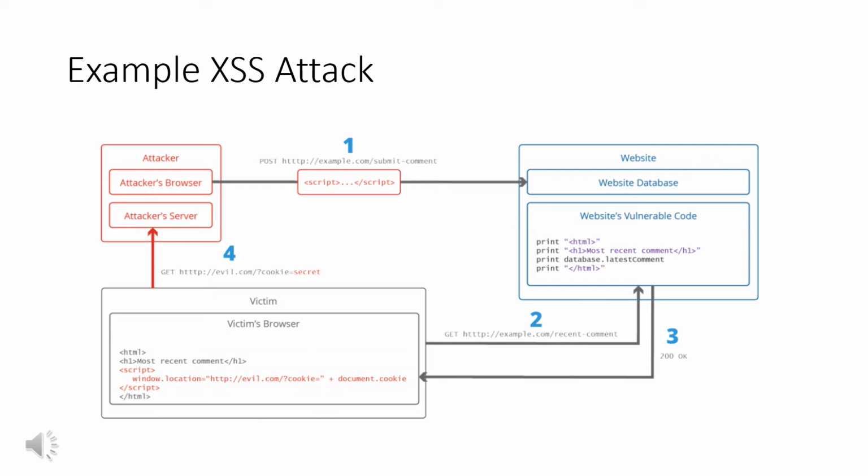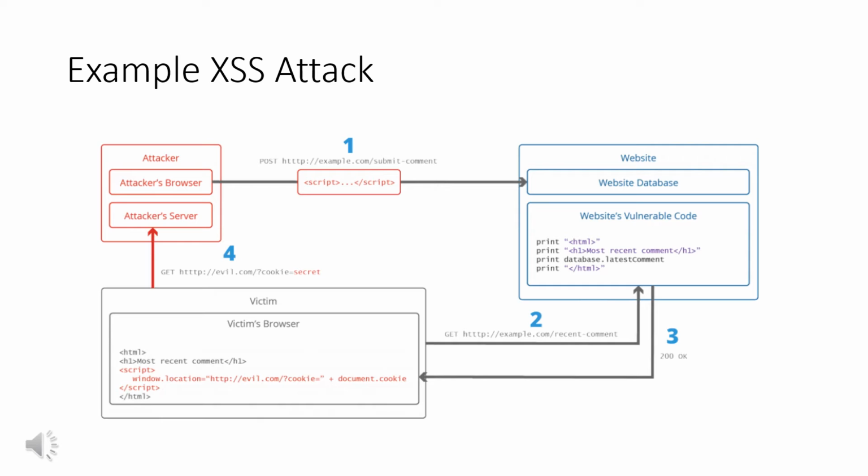From here onwards, whenever a victim requests a web page, the web server is going to serve the victim with the web page that contains the attacker's payload as part of the HTML body.